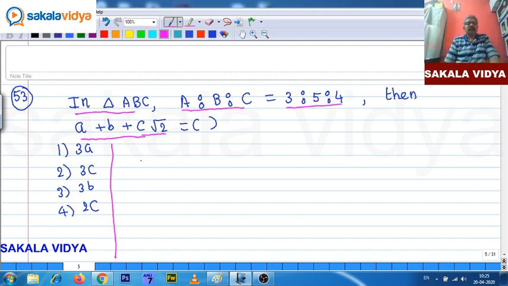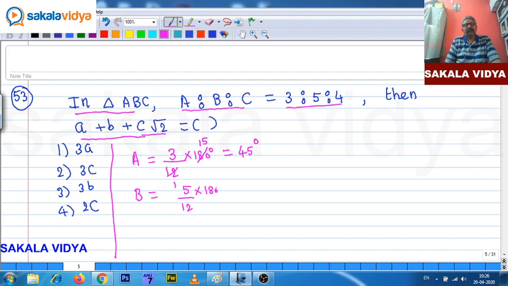So now we need to divide the 180 degrees in the ratio 3:5:4. First, total parts is 3 plus 5 plus 4, 12 parts. So A is equal to 3 divided by 12 into 180 degrees. 12 1 ja, 12 15 ja. This is equal to 45 degrees, A value. Now the angle B equals 5 by 12 into 180 degrees, 75 degrees.